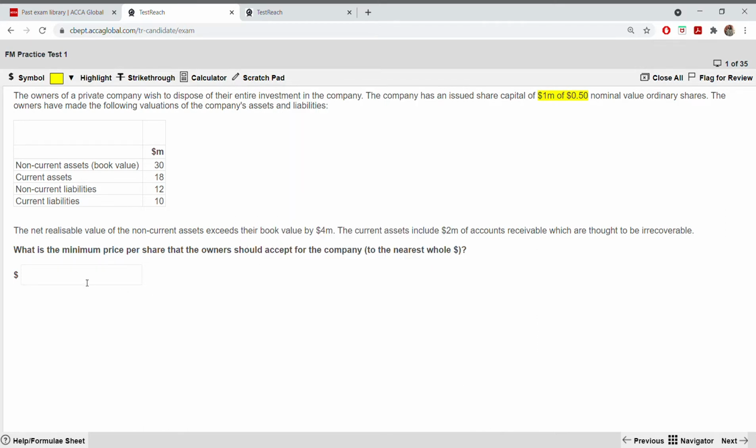So what is the minimum price per share that the owner should accept? 14. Because the owners should not accept less than the net realizable value. So it is 14.